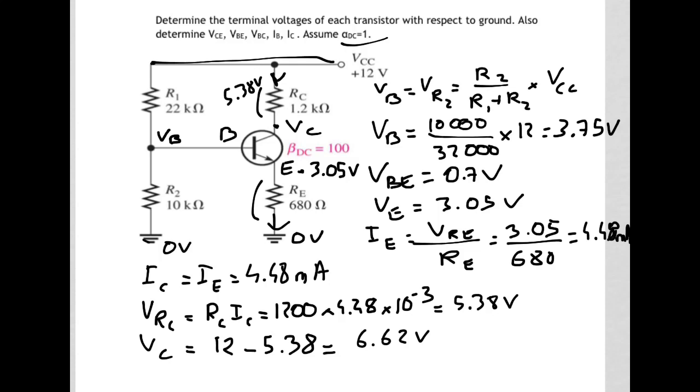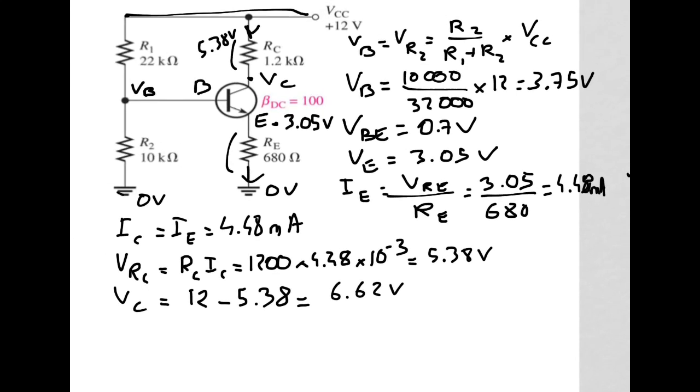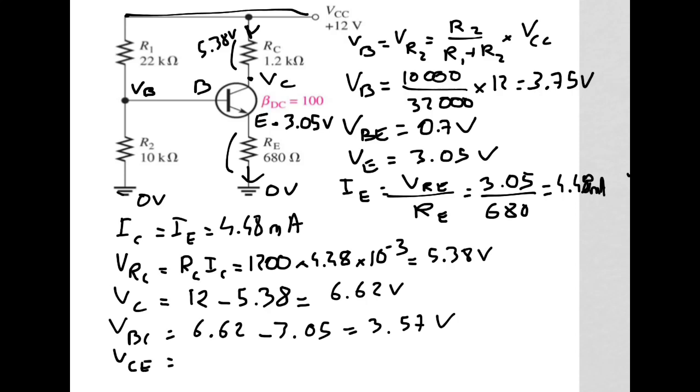Okay, so now I can calculate VBC or VCB, whichever you want to call it. 6.62 minus 3.05, so 3.57 volts. We know VC, we know VB, we know VE. Oh sorry, I made a mistake.